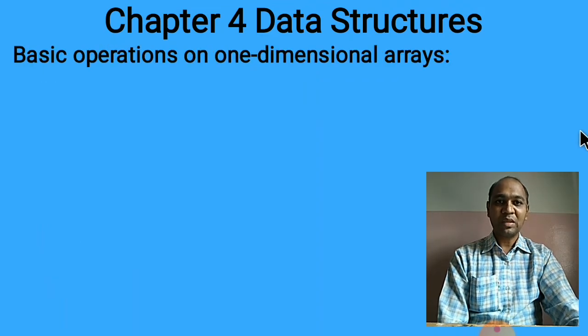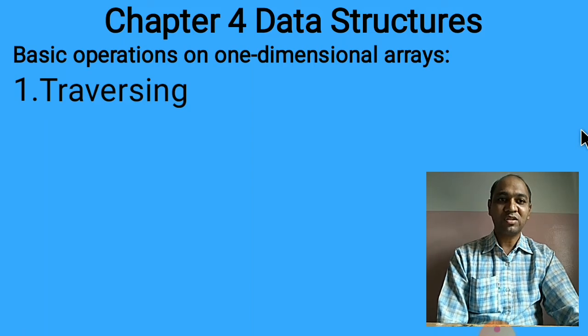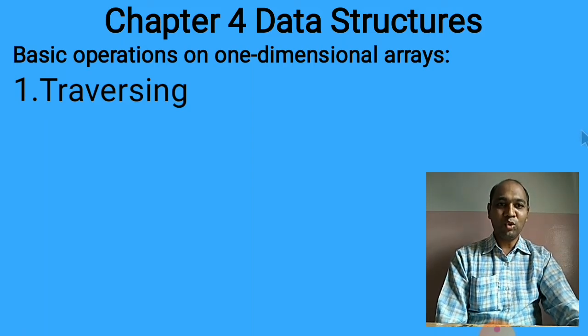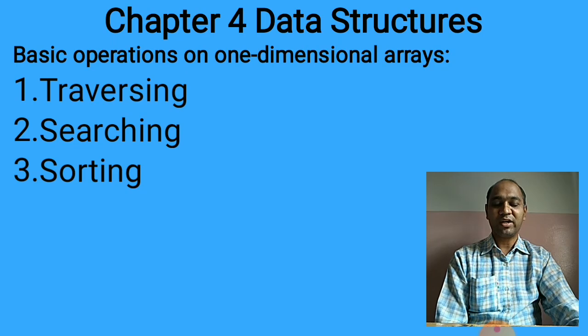Next we'll move on to basic operations on a one-dimensional array. So traversing, once again I'm going to repeat, is the process of accessing each data item at least once to perform some operation. Next, searching means finding the location of the data item. Sorting is the process of arranging the data items either in ascending or descending order.